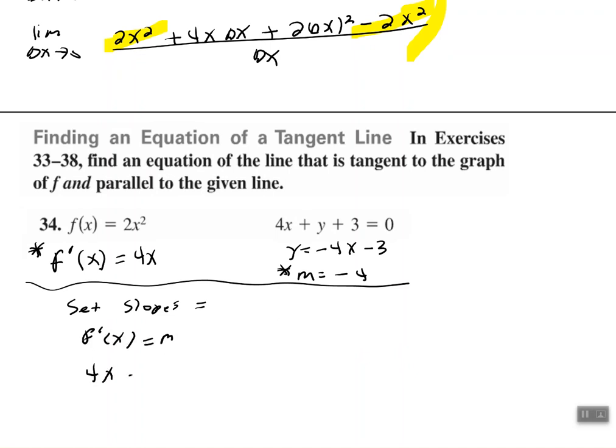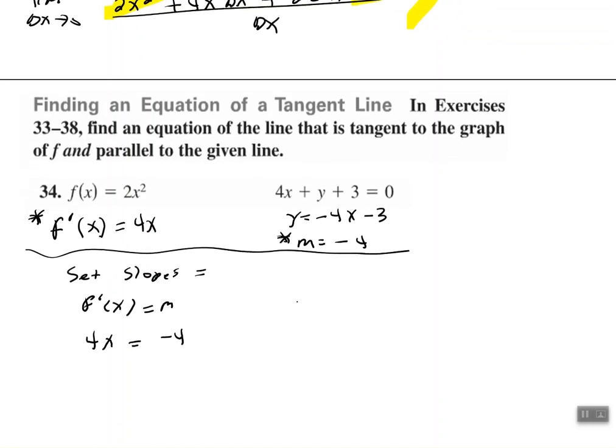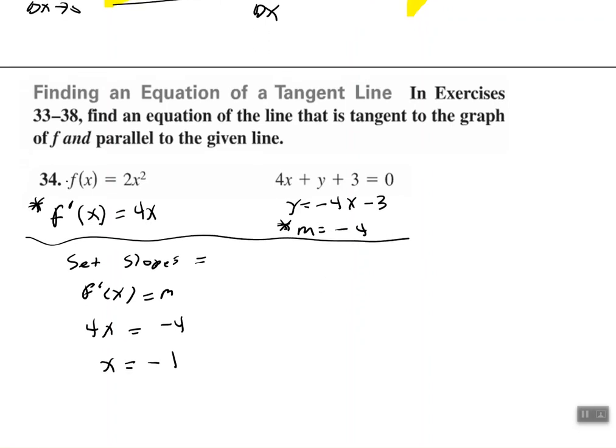Therefore, 4 times x equals -4. So that point has an x value of -1. And if it has an x value of -1, we're still looking for a point on this curve, so I'm looking for f of -1. Y would equal f of -1, which equals 2 times -1 squared from our function there.